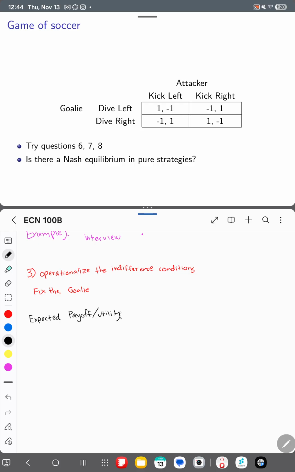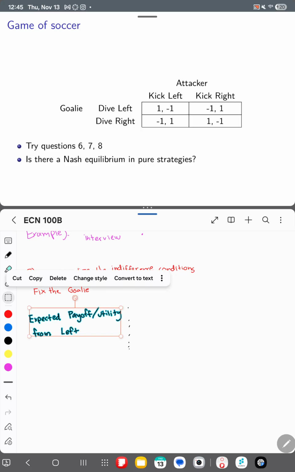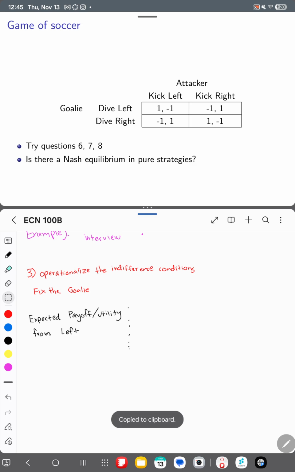And I want you to compare it with the expected utility or payoff from playing right for it. Those are the two things I want you to compare. And I want you to pay attention when we calculate this because it's not that easy.